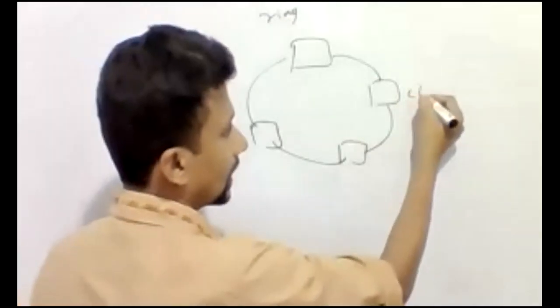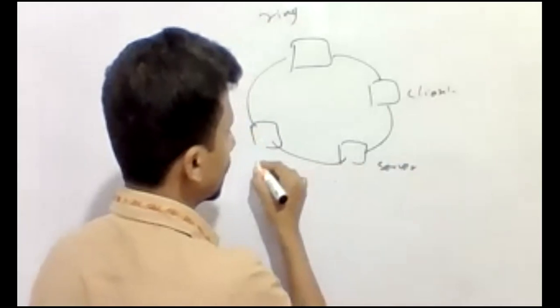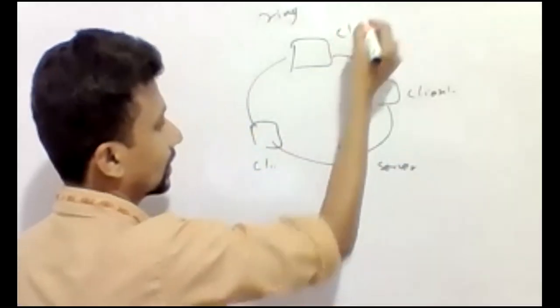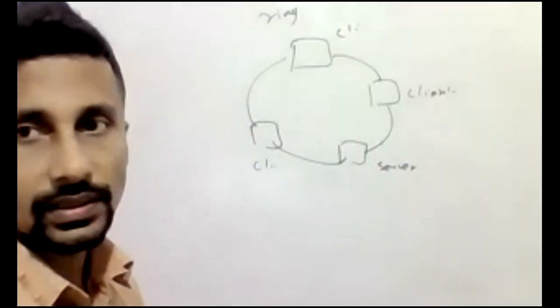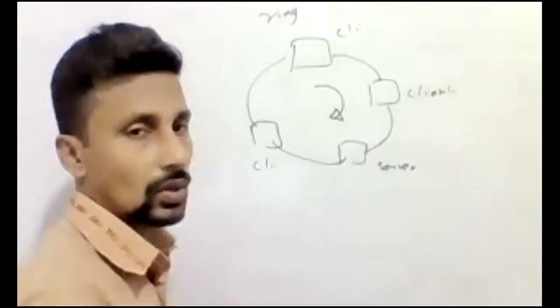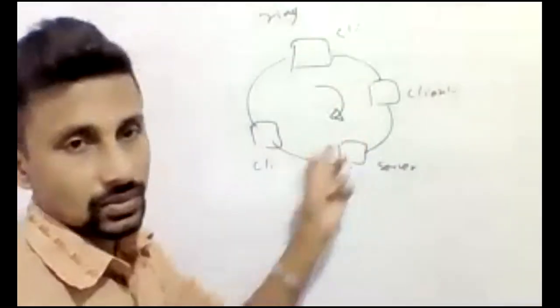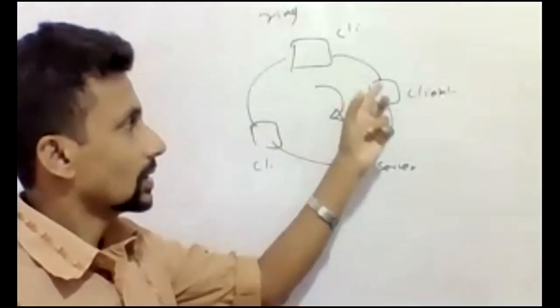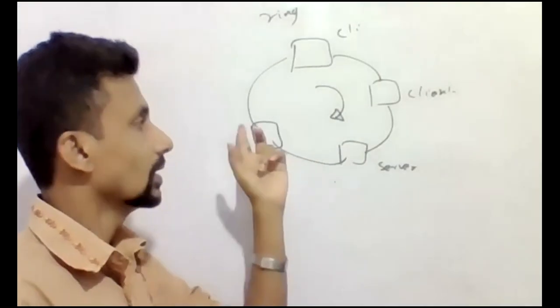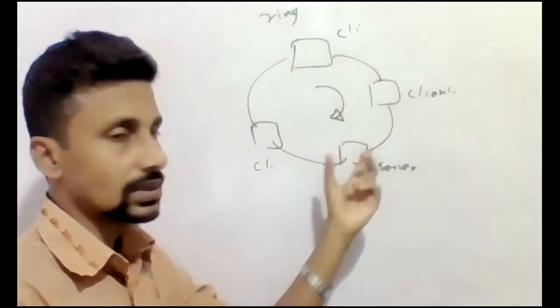So these can be clients, and you can have a server computer even. Only one computer is server, others are clients. Here data is going one side, either clockwise or anti-clockwise, not both sides. Suppose this computer is sending data and it's going like this. If you want to send the data to this one, it is coming through these computers.